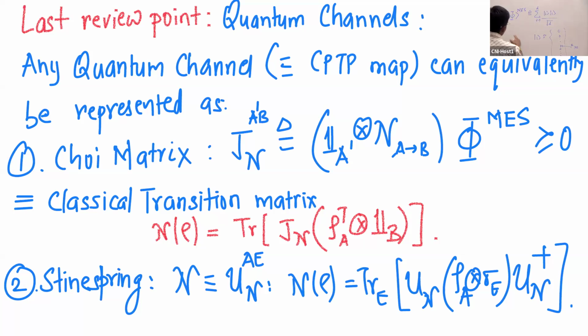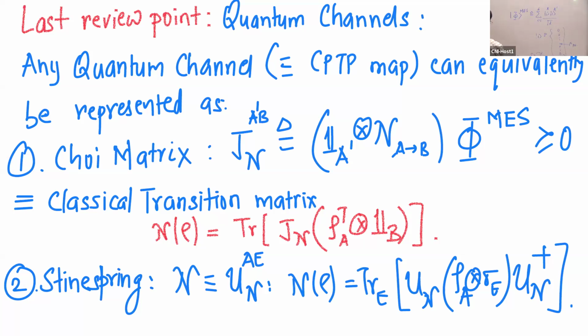When I don't write this ket notation, the definition of this is a summation over I. This is 1 in the ith position, and this is multiplied with this. This is an operator. So this is on system A, this is on system A prime.